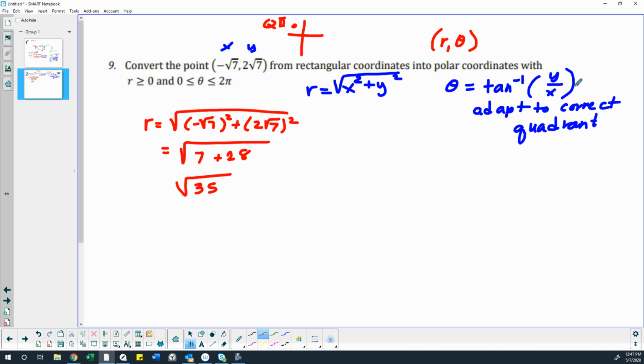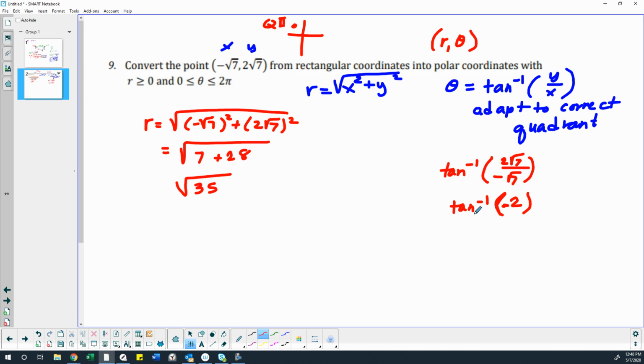And then this one, when we do the inverse tangent of 2 square root 7 over negative square root 7, that's just the inverse tangent of negative 2, because our square root of 7s would cancel, and then a positive divided by a negative is a negative.